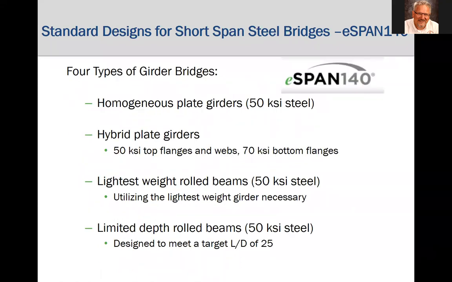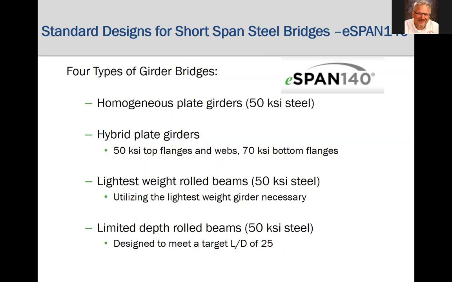For plate girders, the solution will produce homogeneous girders where the web and the flanges are built from 50 KSI material. It will also give what's called a hybrid solution where 70 KSI material is used in the high stress bottom flange. For rolled beam bridges, the solution gives both a lightest weight design and a limited depth design.